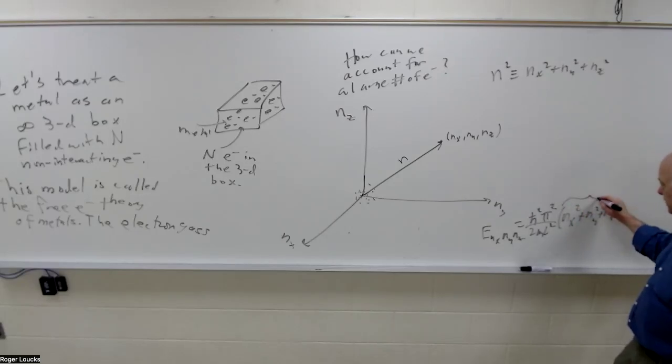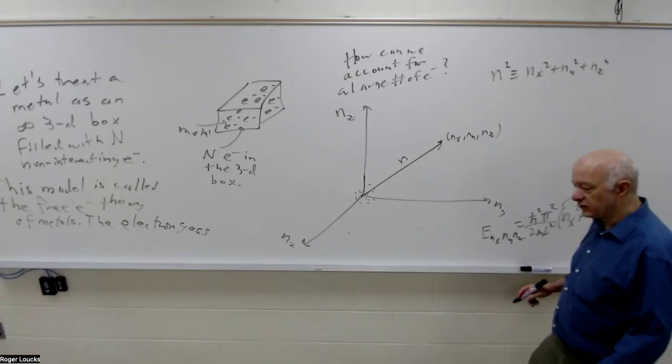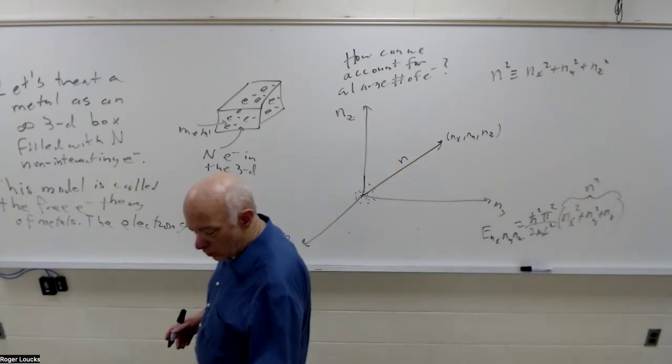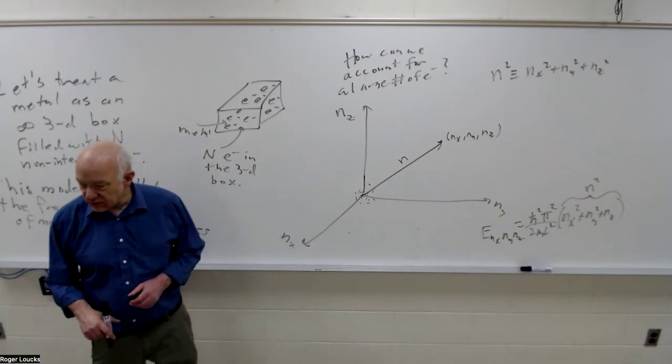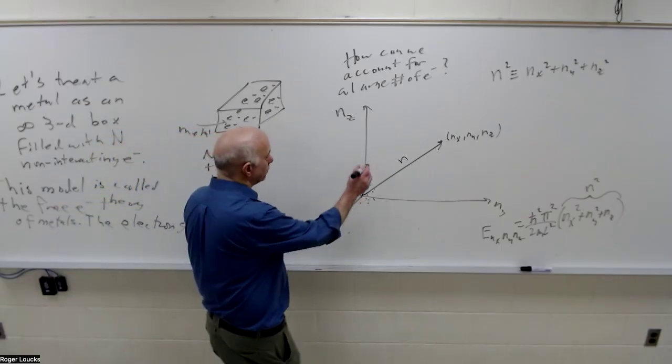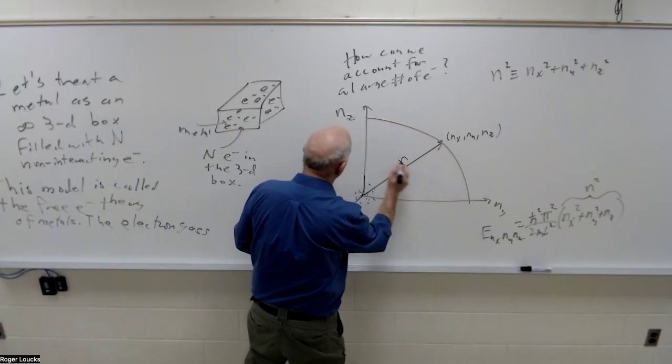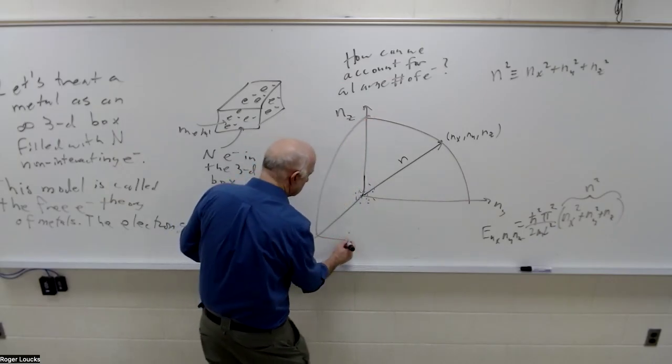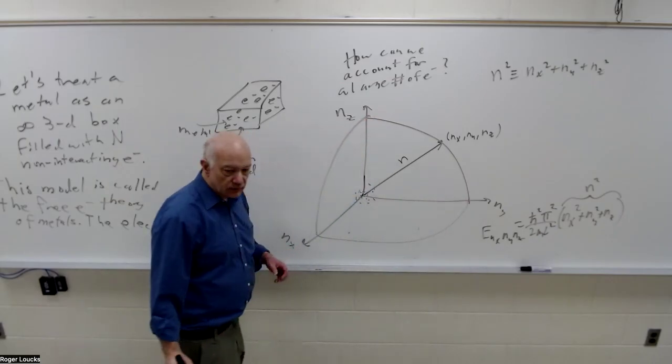Right, we're calling all that here n squared, and these n values are large. Well, where else in this picture would I have the exact same value of n? A sphere with radius n. Yeah, I would have it anywhere on a sphere here like this. This is the sphere of radius n.